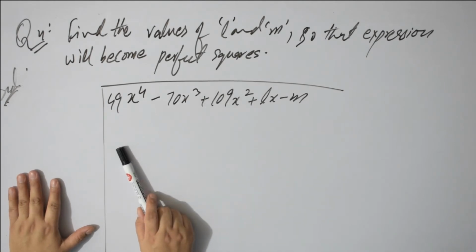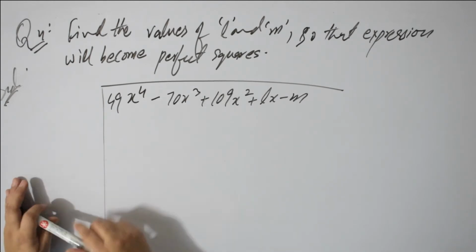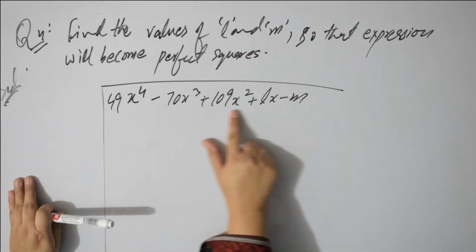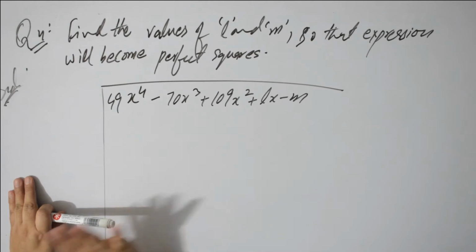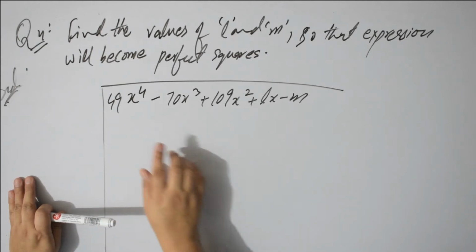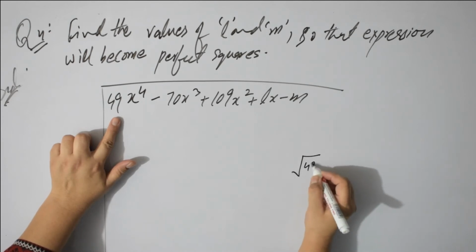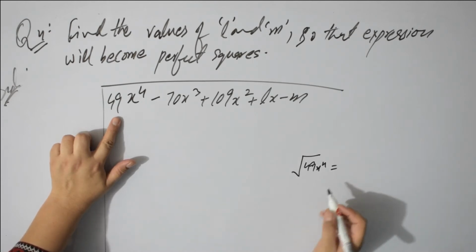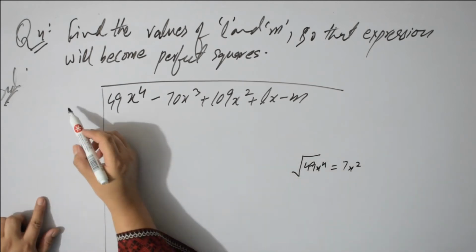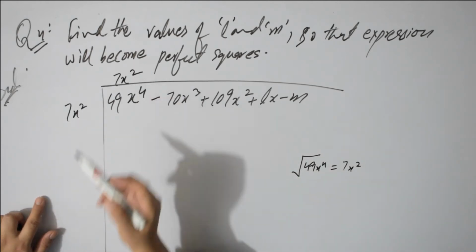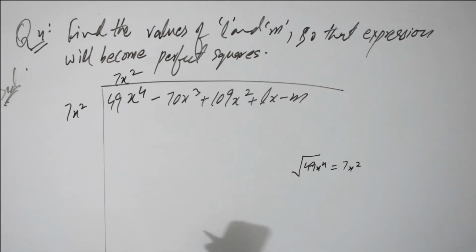Now come to its solution. In the solution again you will draw this structure and write this expression. It is already in descending order, so I did not disturb it. Now come to its first part. First is the square root of the first term, which is 7x square. So 7x square will be your divisor, and 7x square will also be your quotient.